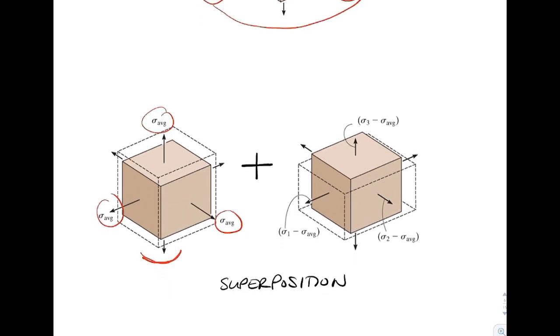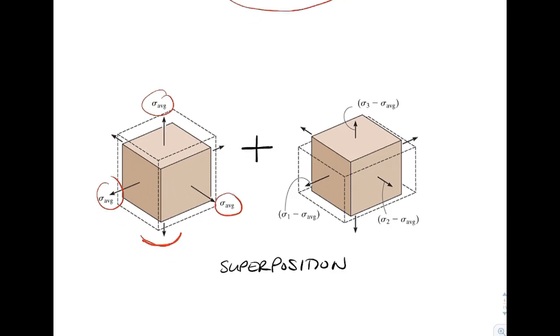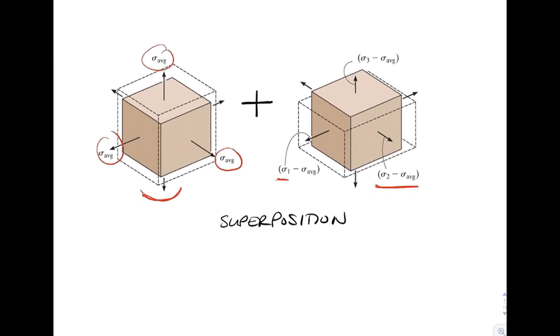And experimental evidence says that materials don't yield based on hydrostatic pressure. So the other piece would be sigma 1, 2, and 3 with sigma average subtracted from each face. And so we're going to superimpose these two answers on top of each other to get the total state of stress.